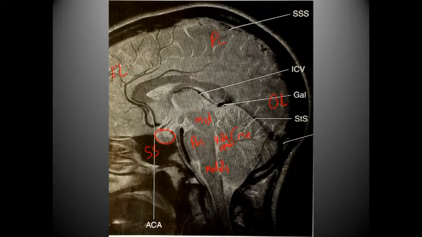So we have the anterior cerebral artery here with its bifurcations. We have the internal cerebral vein running here. We have the vein of Galen in this area.